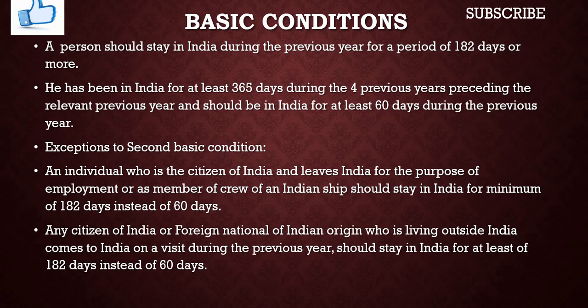Indian origin means either he or his parents or grandparents might have been born in undivided India. Take for example the forthcoming Vice President of US, Kamala Harris. She happens to be of Indian origin because her parents were born in India.